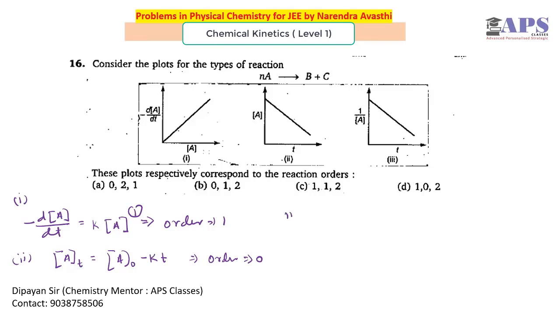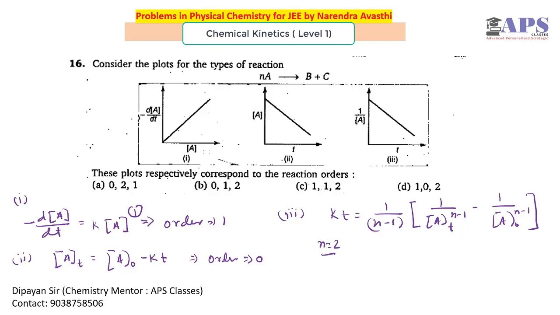And if we see the general form of nth order reaction, that is kt equal to 1 by n minus 1 into 1 by At to the power n minus 1 minus 1 by A0 to the power n minus 1, and if we put n equal to 2, then kt will become 1 by At minus 1 by A0.